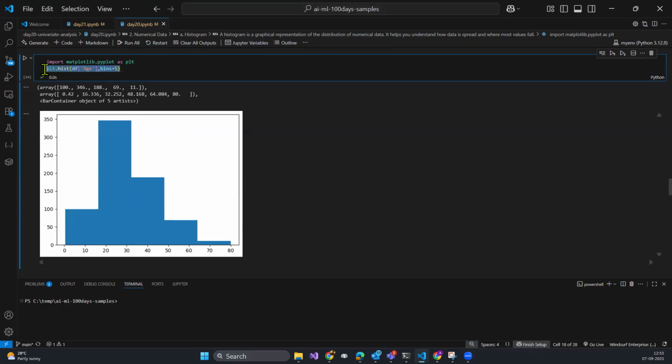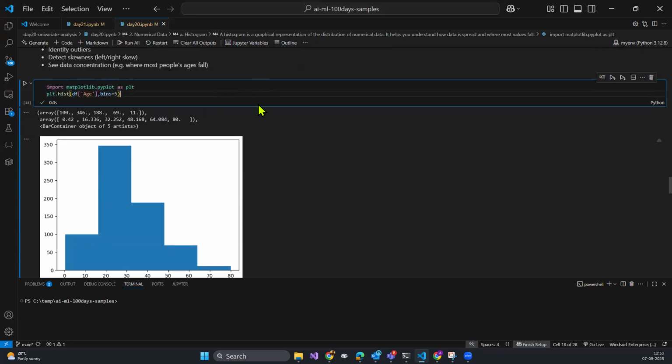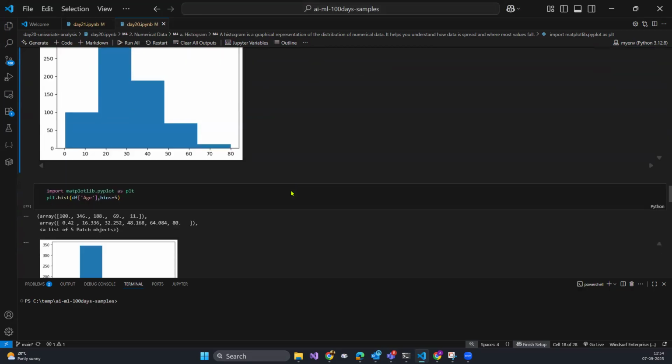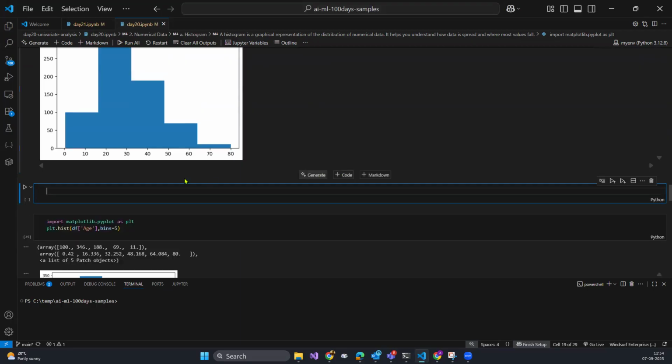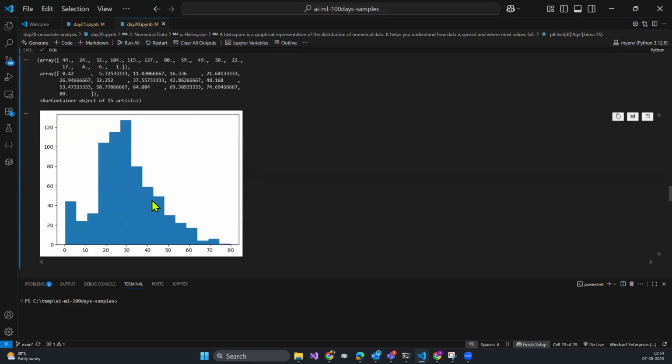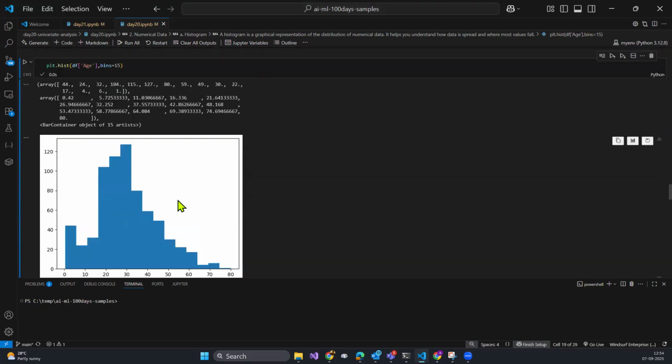histogram plot. Another way we can do it, for example, we can change these bins, and we can do the visualization in a more granular way. So for example, I will set this bin size to 15.